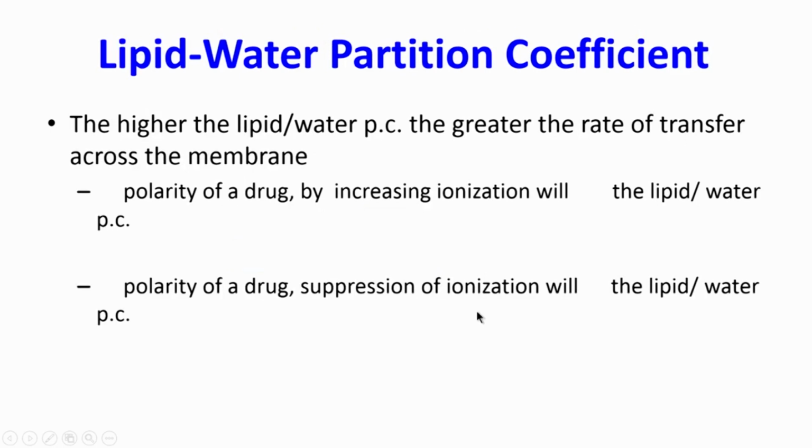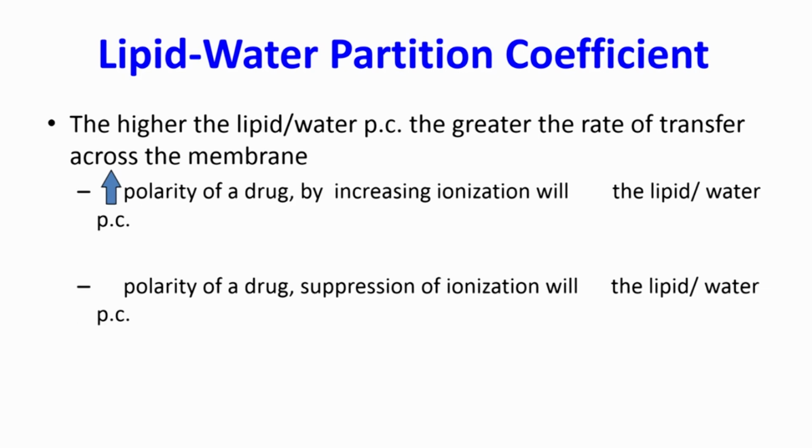So, essentially what we are saying is that the higher this lipid to water ratio, the greater is the transfer across a membrane. So, membranes are lipids. So, if you want the drug to diffuse in through the lipid membrane, then they need to have a higher lipid to water ratio. So, essentially higher partition coefficient.